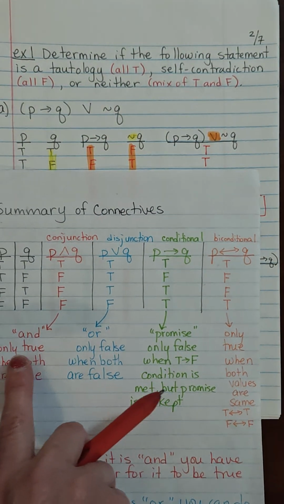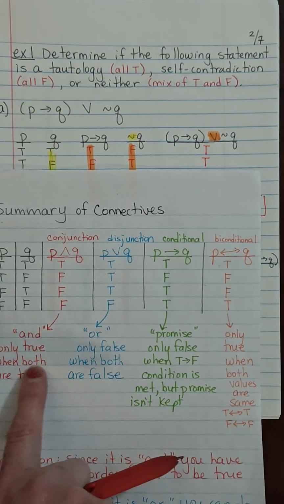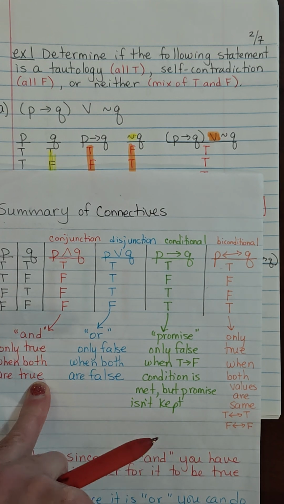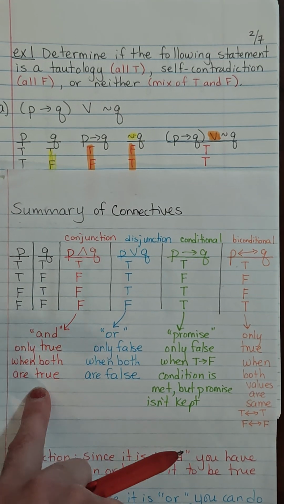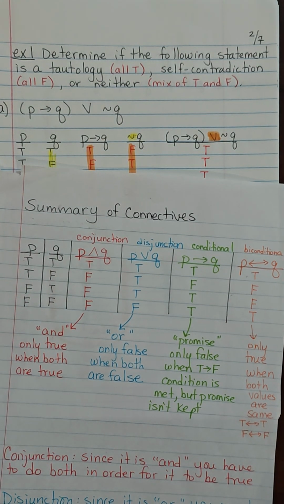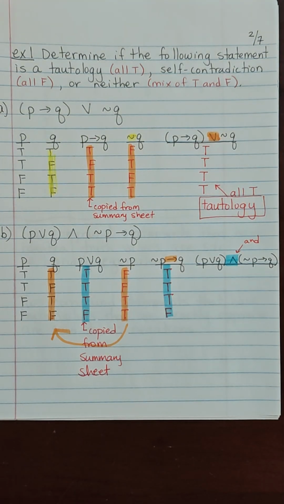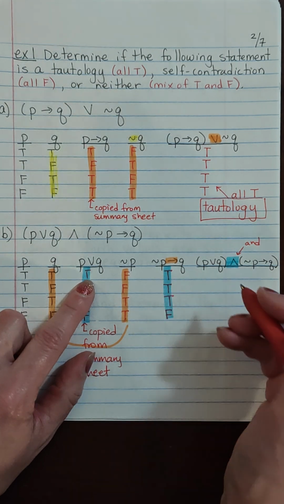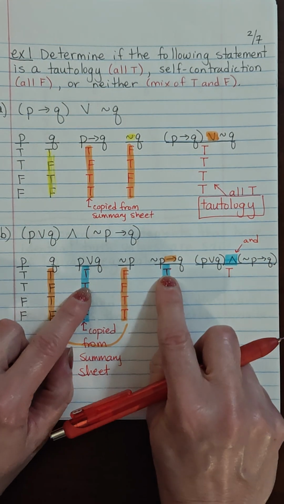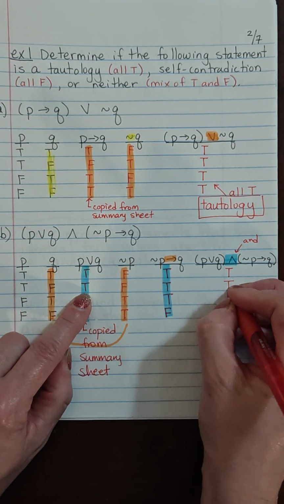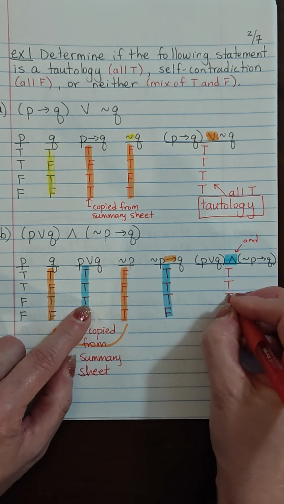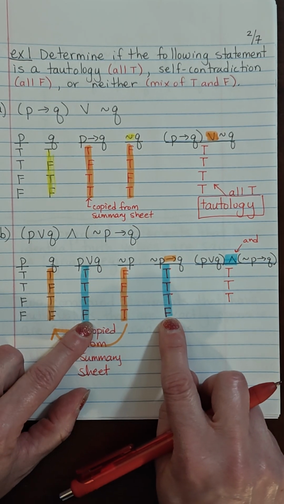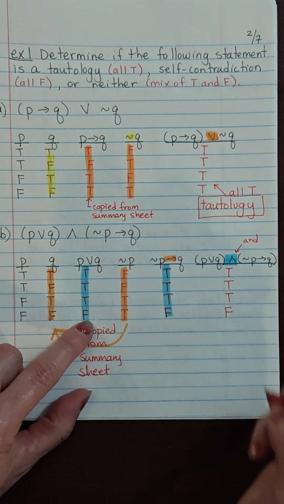The and is only true when both are true. Remember, and requires that you do both things in order for the and statement to be true. So it's only true when both are true. All right, both are true, cool. Only true when both are true. Both are true, cool. Both are true, awesome. Uh-oh, both are not true, so it's a false.